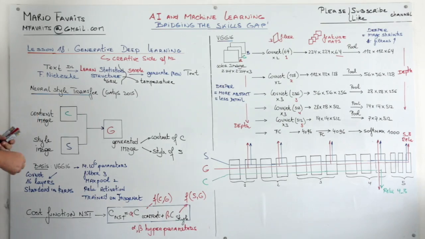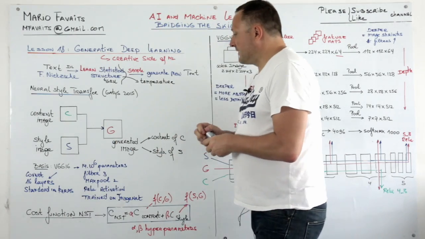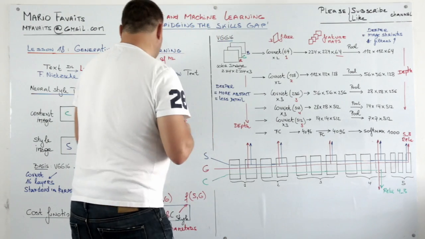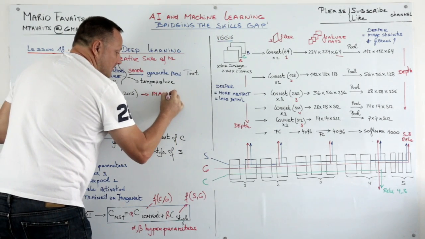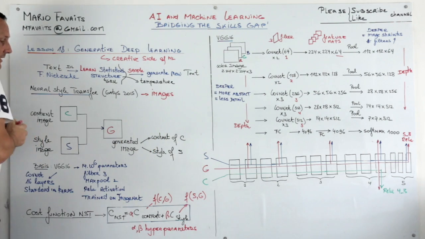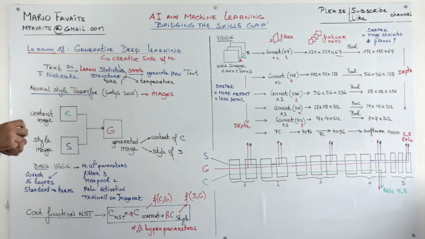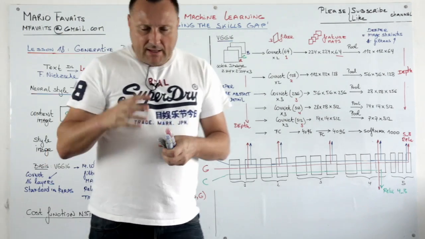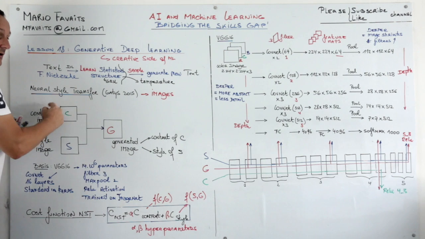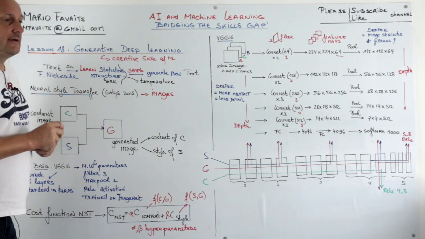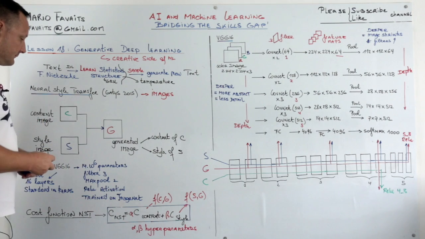Now we're going to look at a second application, which is called neural style transfer, and this is related to images. Neural style transfer was invented by Leon Gatys in 2015. And what is the concept? Well, I have a content image, and this content image could be a picture of yourself.